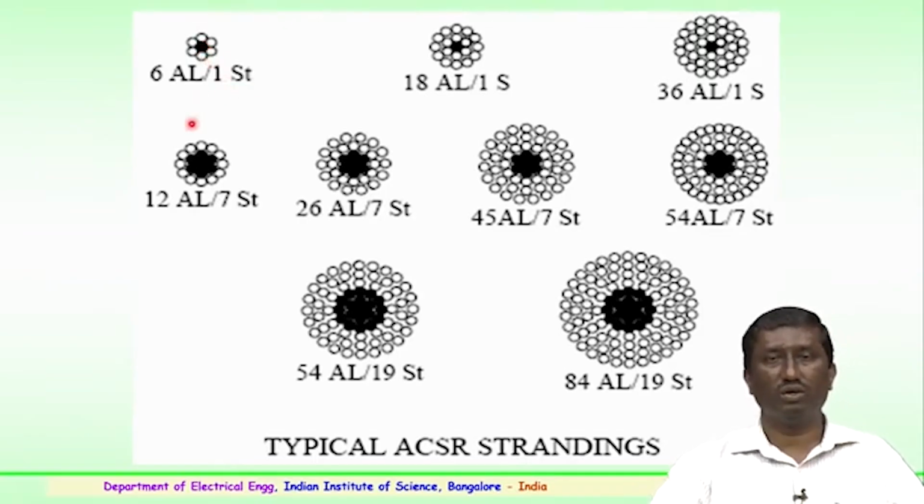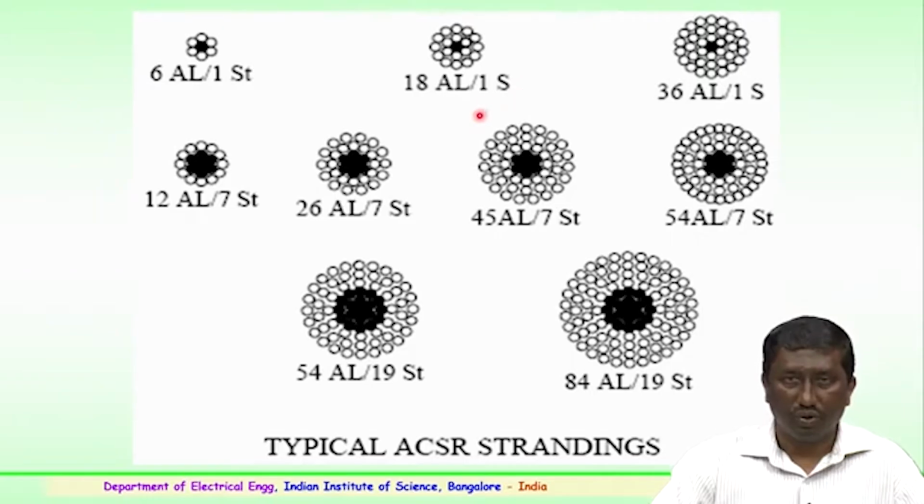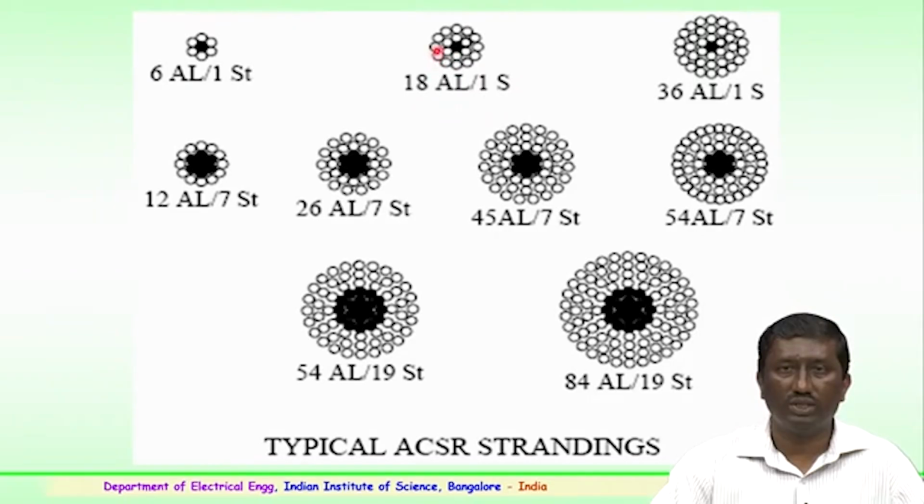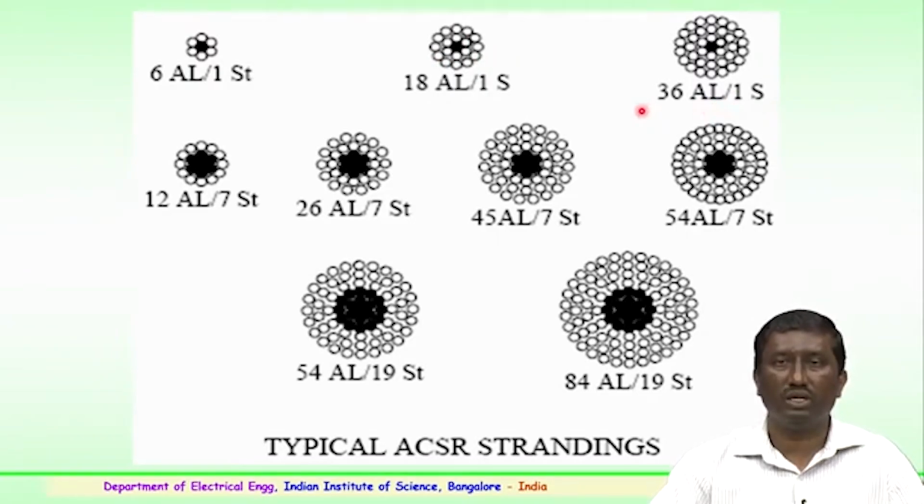This is the nomenclature. Similarly, you could have one steel center conductor and 18 aluminum stranded as shown here. Again, a single steel conductor with 36 aluminum. Depending upon the voltage requirement and the current carrying capability, the size and the type of conductors are used.